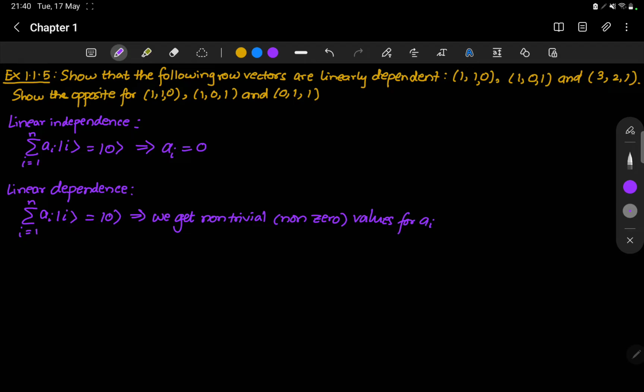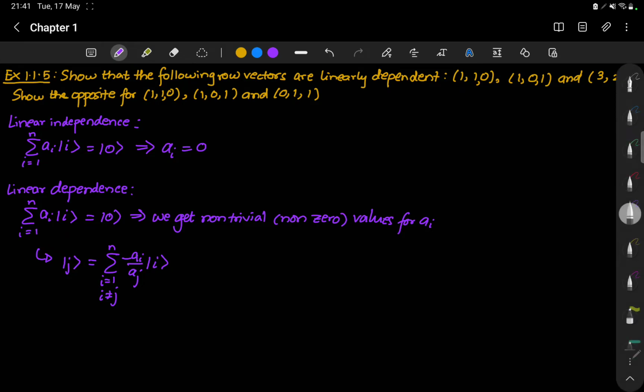This can also be rewritten in the following manner: we can write a given vector out of the set of linearly dependent vectors as a superposition of all the other vectors in that given set. So this is just a recap of linear independence and linear dependence which we saw in the last video. So let us now try and solve this question.